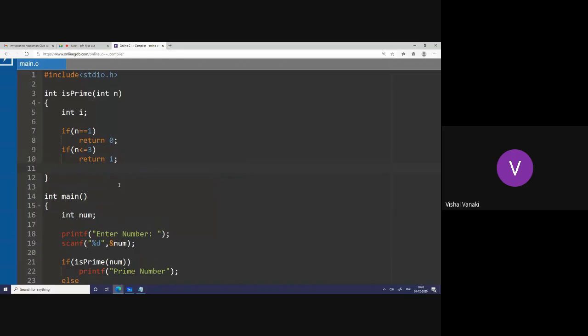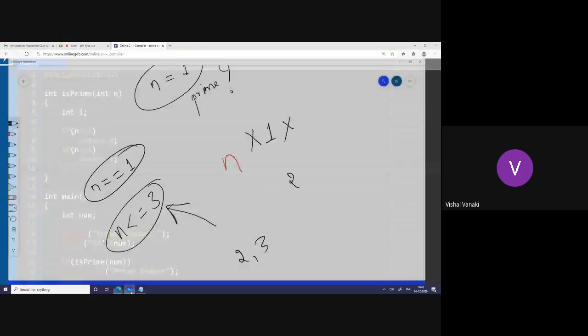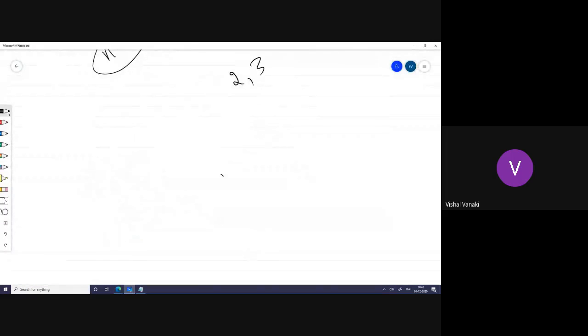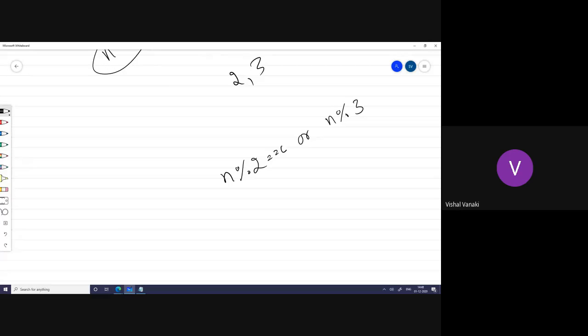The next thing is, what if the number is divisible by 2 or divisible by 3? Is it a prime or not a prime? Not a prime.